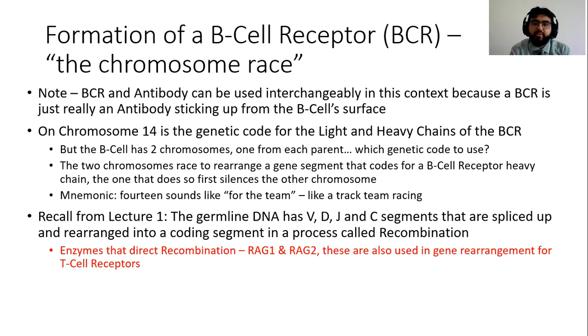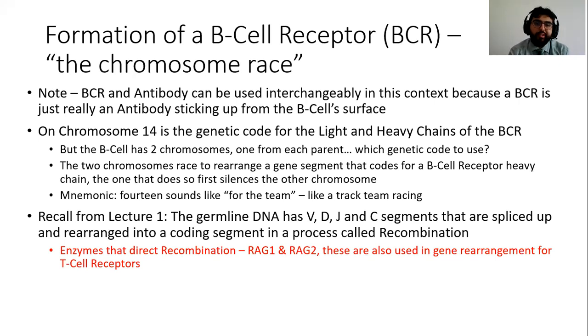Like we know that it exists and that it recognizes antigen, but how does it get there? And so it gets there through essentially a chromosome race, right? So on chromosome 14, and we have all these chromosomes, 23 from each parent, 46, right?